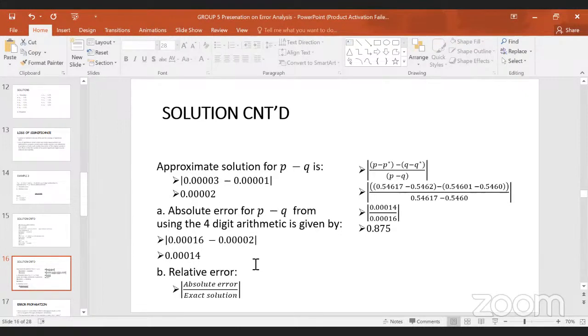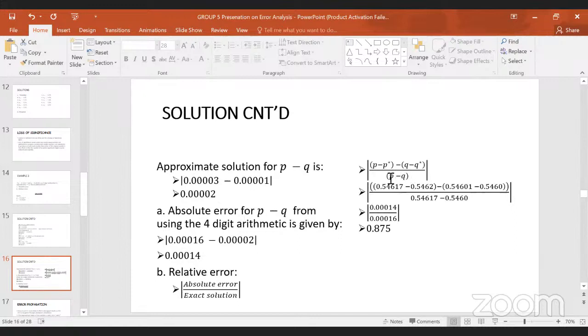Then we'll move to what is called relative error, and we should not forget our relative. Where you have A, that's absolute error for P minus Q. The formula that you just reiterated wasn't supplied there.